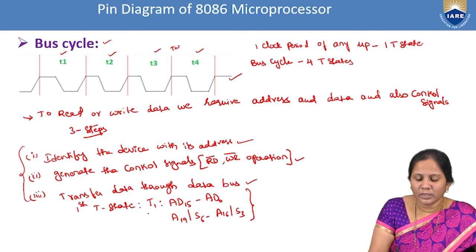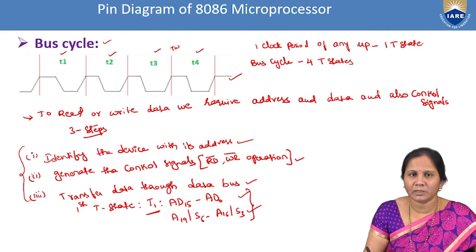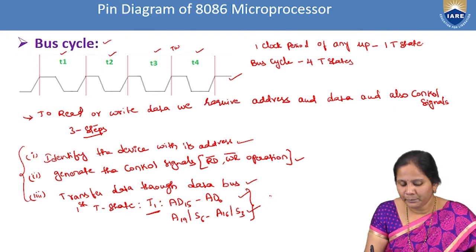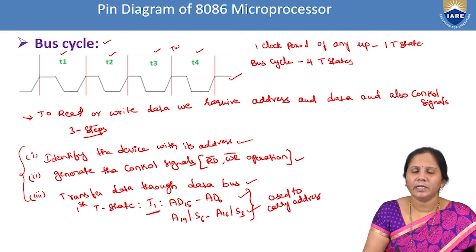In the first time period T1, these address data multiplexed lines and address status multiplexed lines are used to carry the address. During T1, they are used to carry only the address.